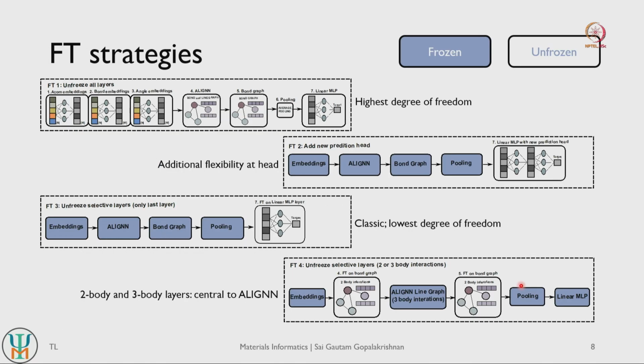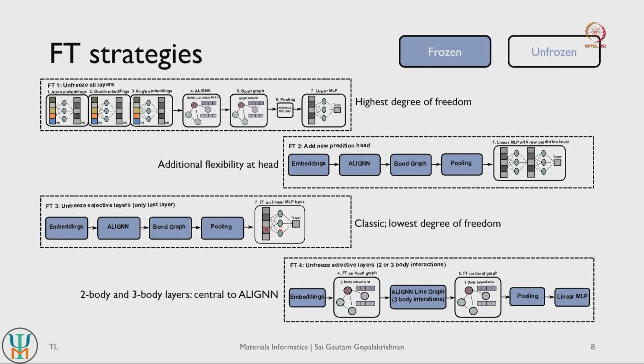So we looked at data sets, we looked at architectures. The third thing that we should look at is your fine tuning strategies. For this exercise we looked at 4 different fine tuning strategies. This strategy here, fine tuning 3, is the classic strategy used in typical transfer learning approaches.